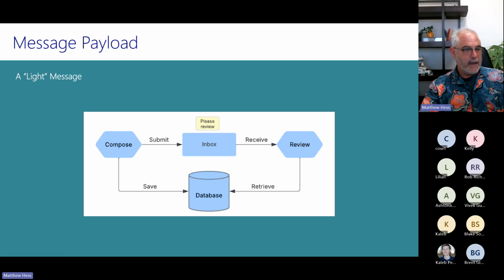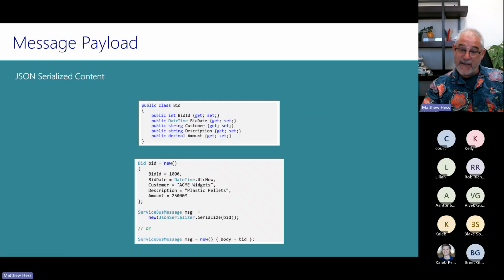Just think it through. Either way, a very common way to actually send the content is to use JSON serialized content. And this is real familiar to a lot of us. You create a data class of some kind. So here's a bid class. And when you go to send it, we just instantiate a bid and we create a message.